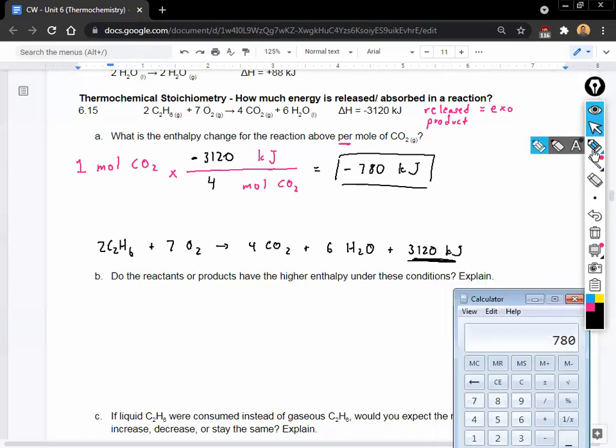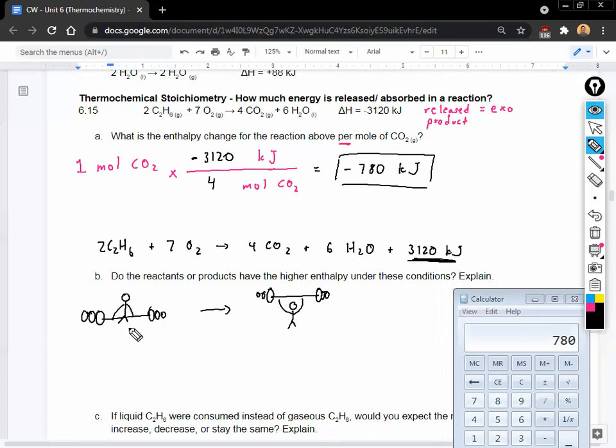All right, part B. Do the reactants or products have a higher enthalpy? Okay, so easy way to think about this is the example with me and the weight. If I start with the weight on the floor, this is before the reaction because we said we're releasing energy, right? And then we're going to a system where Mr. O raises the weight above his head.